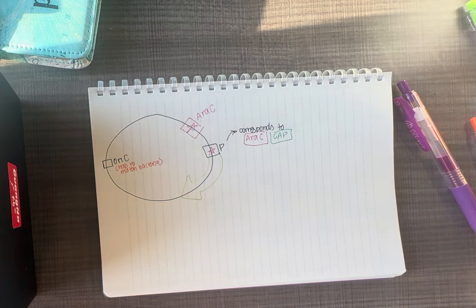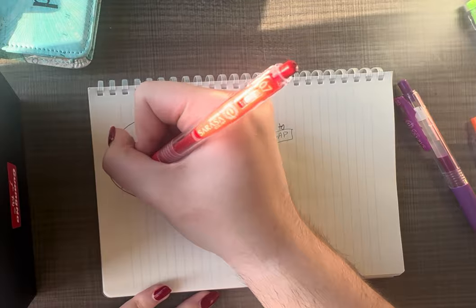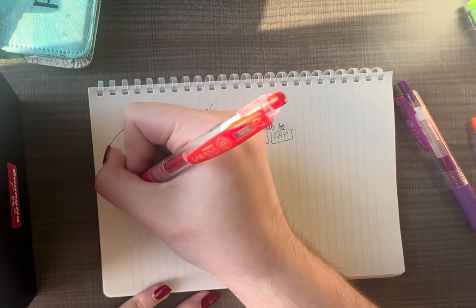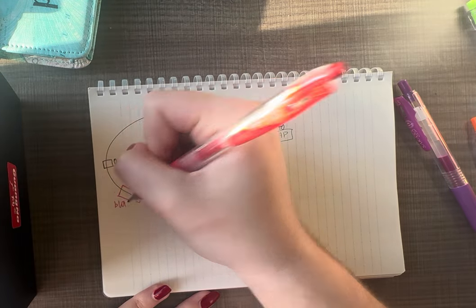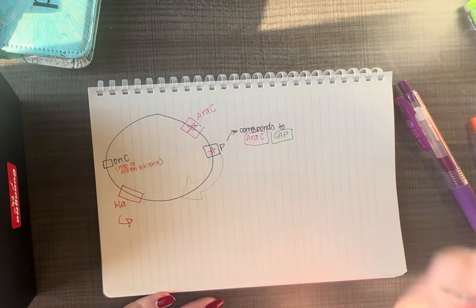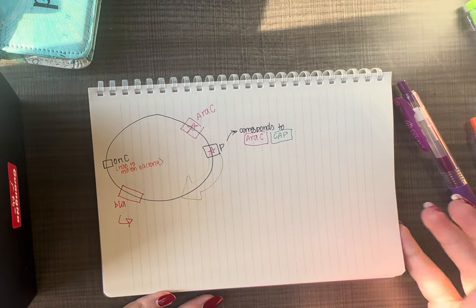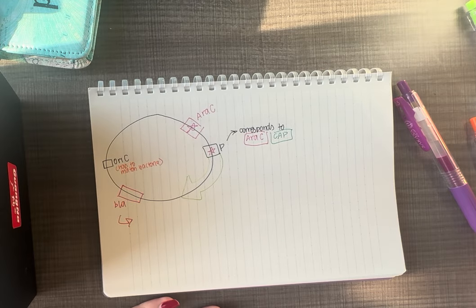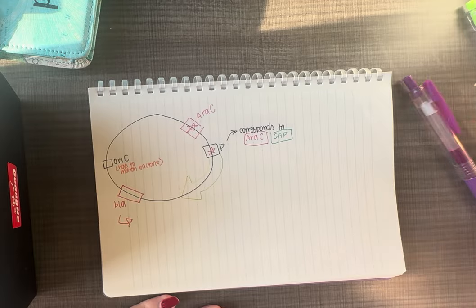You are going to have a gene for beta lactamase. So I'm going to talk about this first. The reason why you have the gene for beta lactamase is because, okay, I want you guys to think of it like this.